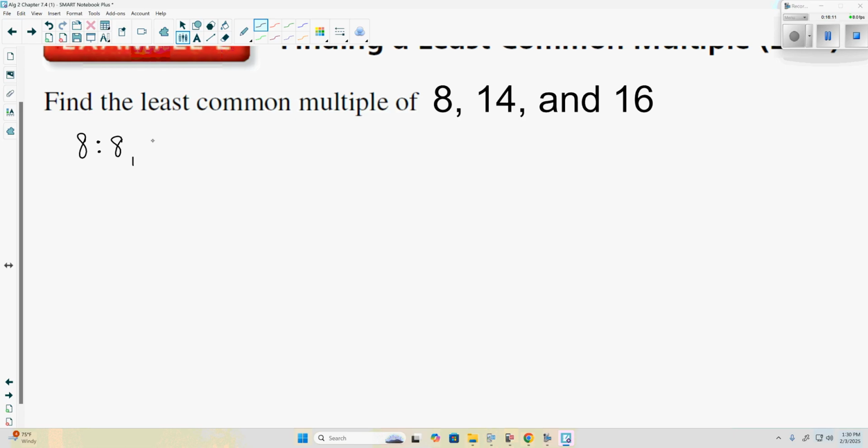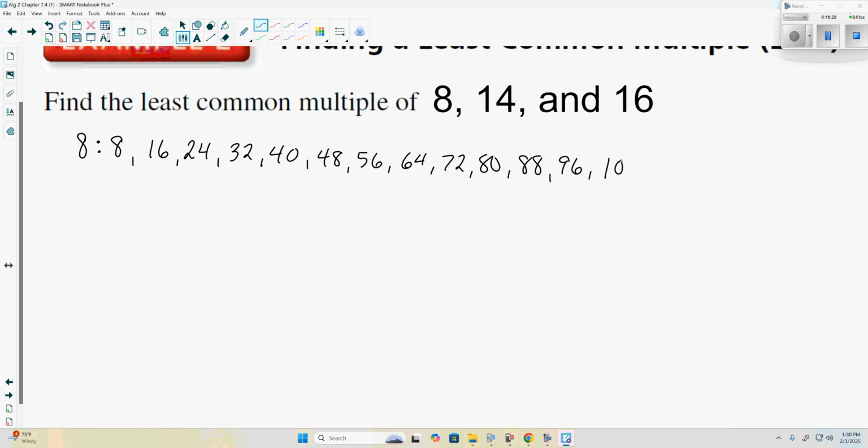So 8, 16, 24, 32, 40, 48, 56, 64, 72, 80, 88, 96, 104, 112, 120. And it keeps going on, because multiples of 8 go out indefinitely. Let's put enough out there just to make sure we have enough.